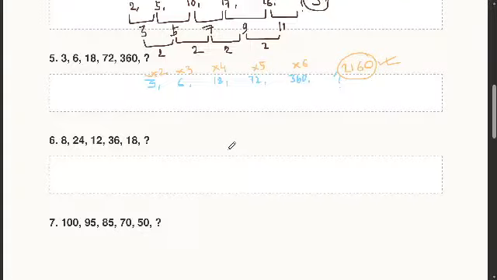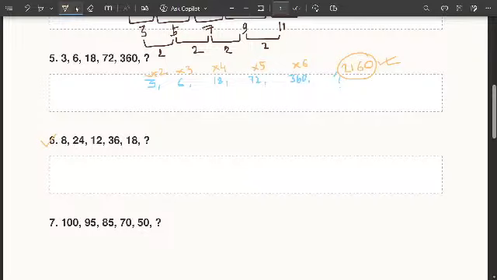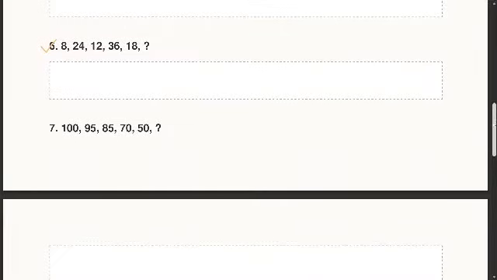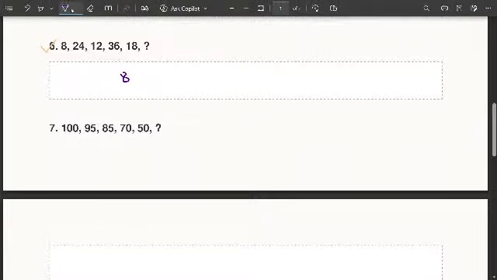Now we are moving to the next question, that is question number 6. So in this question, you can see the series.